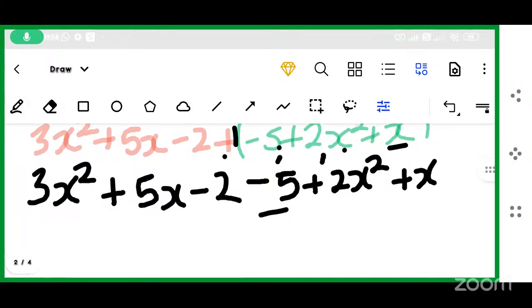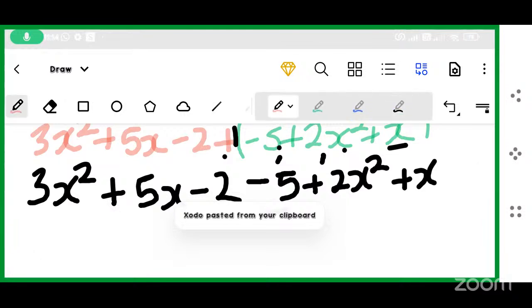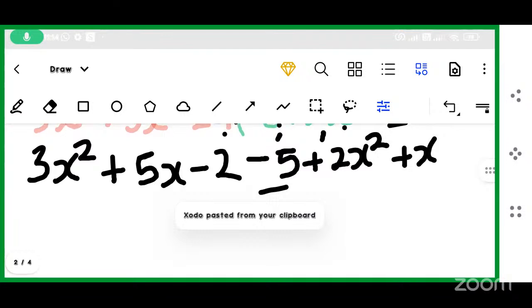Then we go down with looking at the like terms. Do you remember what like terms are? Yes. Which ones are your like terms from the whole expression? The 5x.